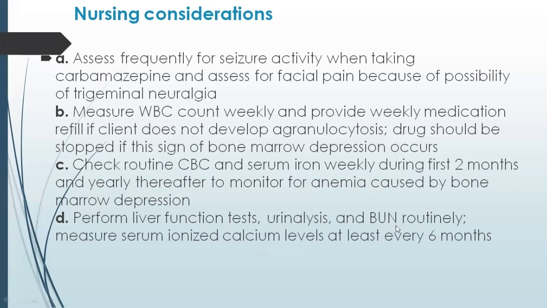What are the normal BUN levels? 7 to 22. Some also say 10 to 20, which is easier to remember.